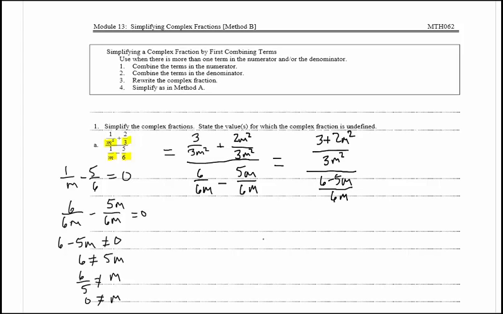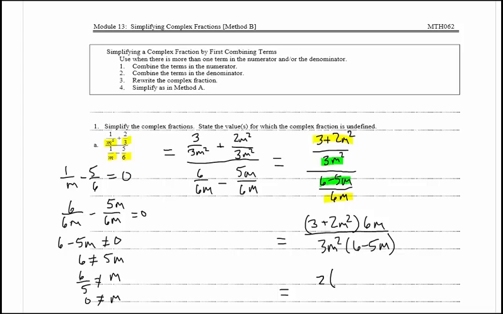And now I'm going to rewrite this as one fraction. So we have 3 plus 2m squared and 6m in the numerator, and 3m squared and 6 minus 5m in the denominator. So we're going to have 3 plus 2m squared times 6m divided by 3m squared times 6 minus 5m. And we can see that 6 divided by 3 is 2. And then one factor of m in the numerator and the denominator cancel.